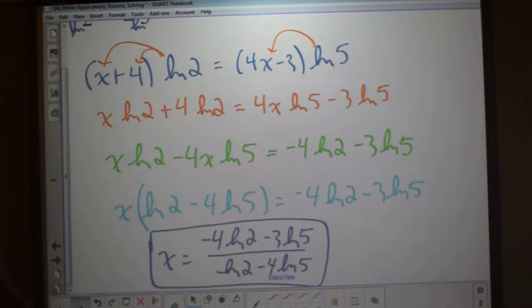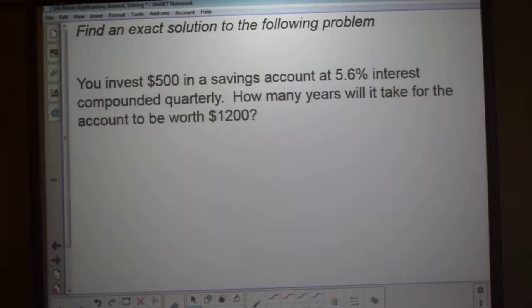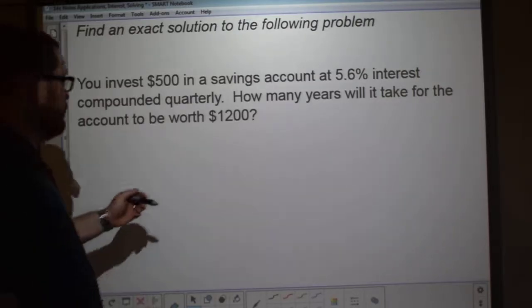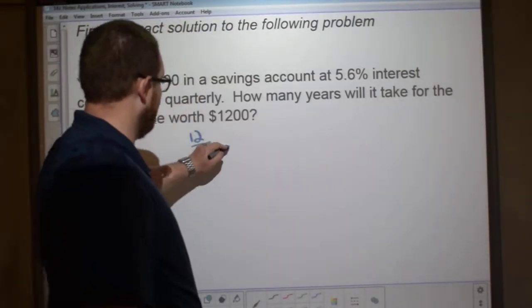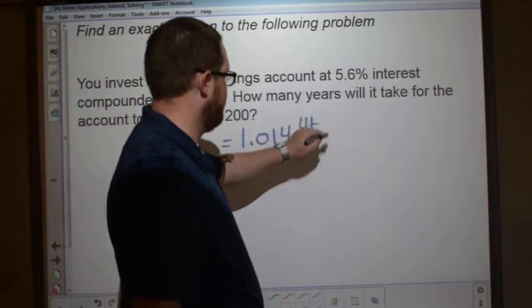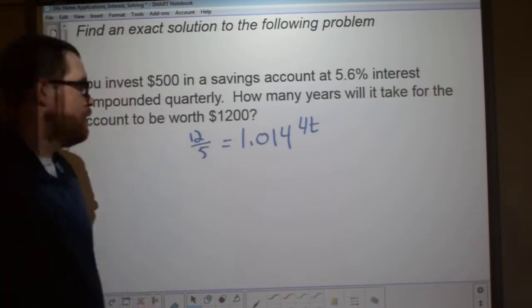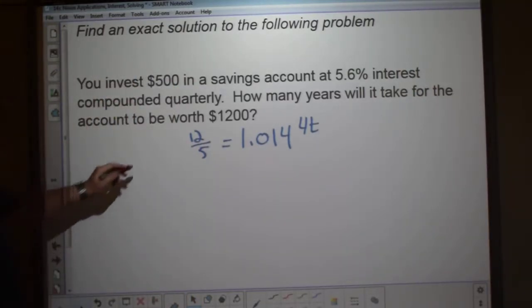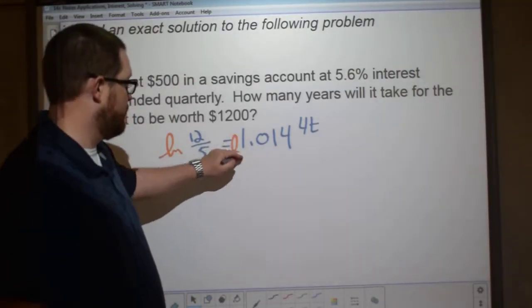So where would I ever use this in a real world problem? This problem we did earlier. Okay? This is the same problem. We want the exact solution to it. Well, we said it was 12 fifths equals 1.014 to the 4t. We graphed it to solve it. This time, I'm going to take a natural log of both sides.